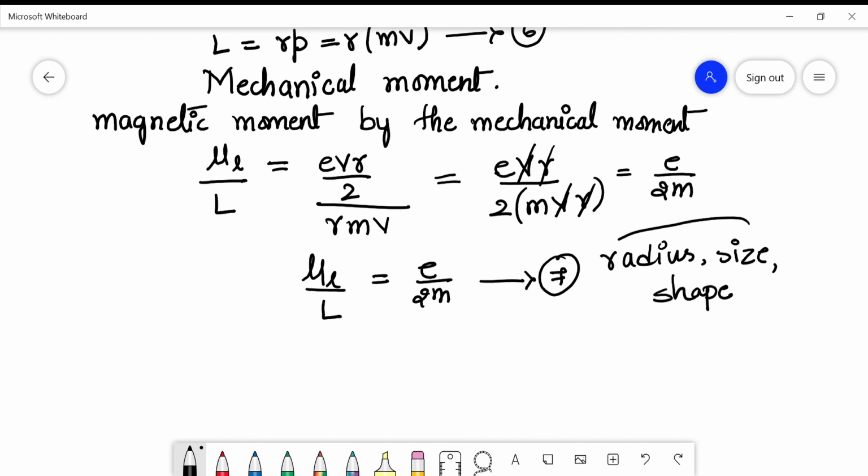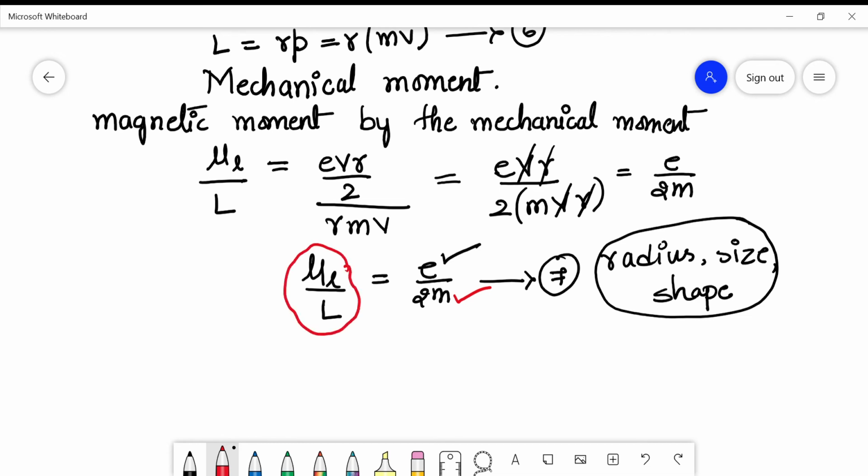It is independent of all these quantities. E, the charge of the electron, is a constant. M, the mass of the electron, is constant. So what does it mean? In whatever orbit the electron is revolving, the ratio of mu L divided by L is a constant.